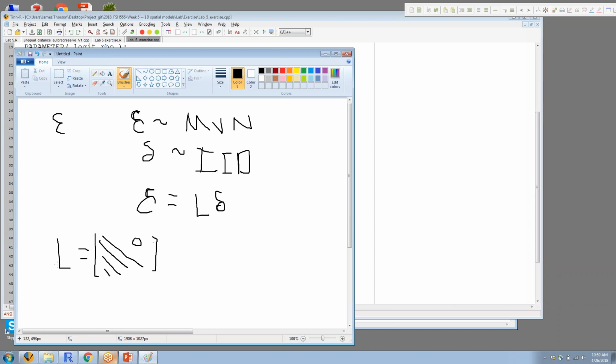The third element depends on the first and second elements. That's the same operation we were doing under the axiom of conditional probability, where we decompose the joint probability into the probability of the first element, the probability of the second given the first, the probability of the third given the first and second. So there's a fundamental mapping between the order of operations for the Cholesky decomposition and the way that we decompose a joint probability into conditional probabilities.